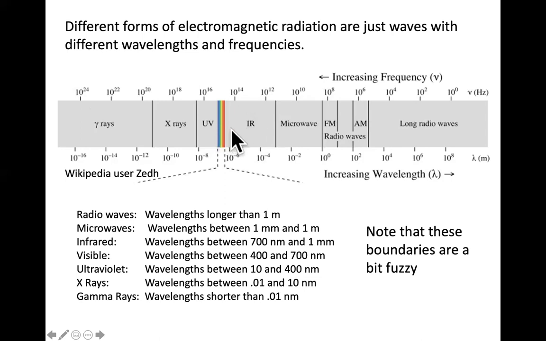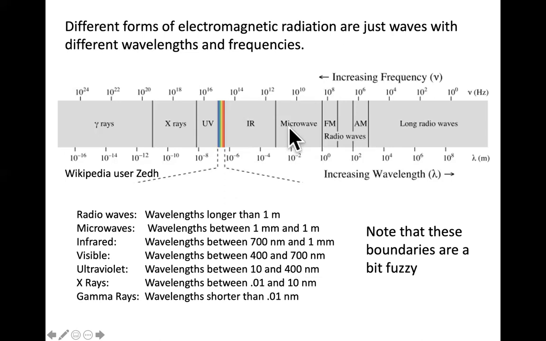If we go to longer wavelengths or lower frequencies, we enter the realm of infrared radiation, IR. Infrared, less than red, so lower frequency. Then this extends from roughly 1,000 nanometers, so very red light, all the way to basically a millimeter of wavelength.